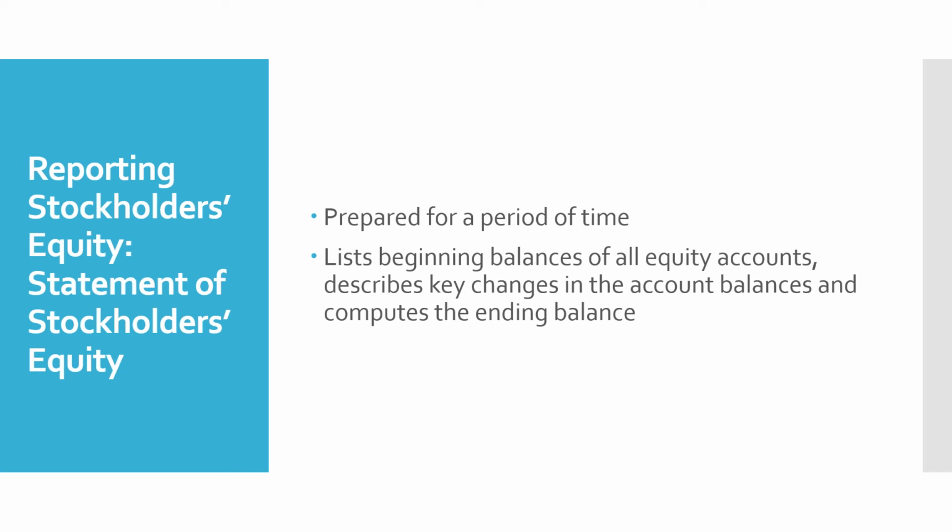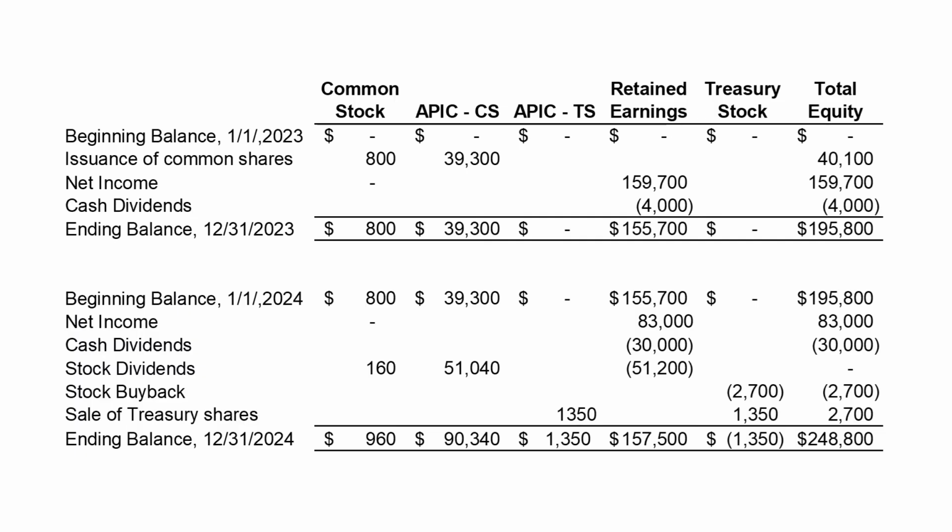Like an income statement and a statement of retained earnings, a statement of stockholders' equity is prepared for a period of time. So here is a statement of stockholders' equity. One is for 2023, the other one is for 2024. So we can see that in 2023, we had 0 beginning balances across the board.